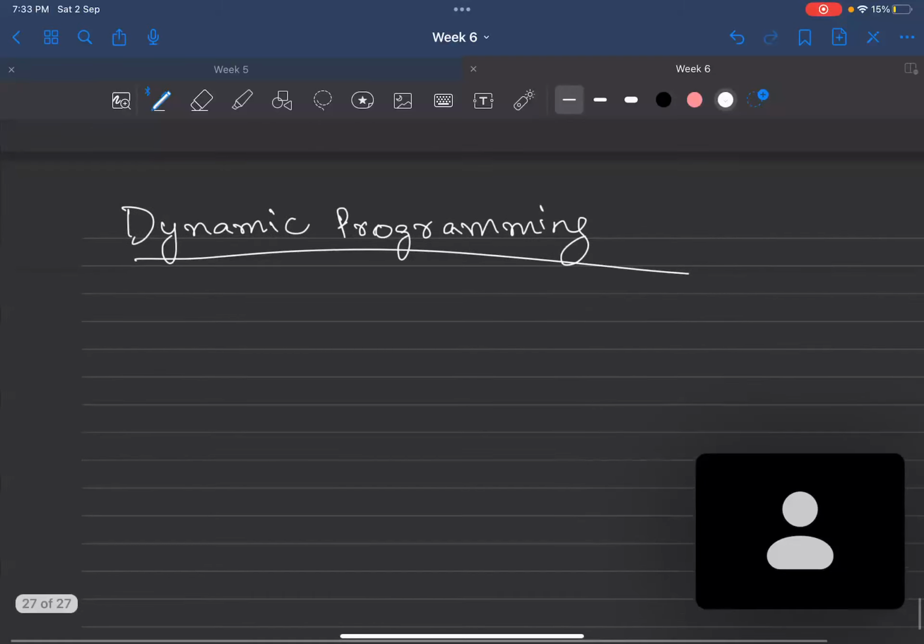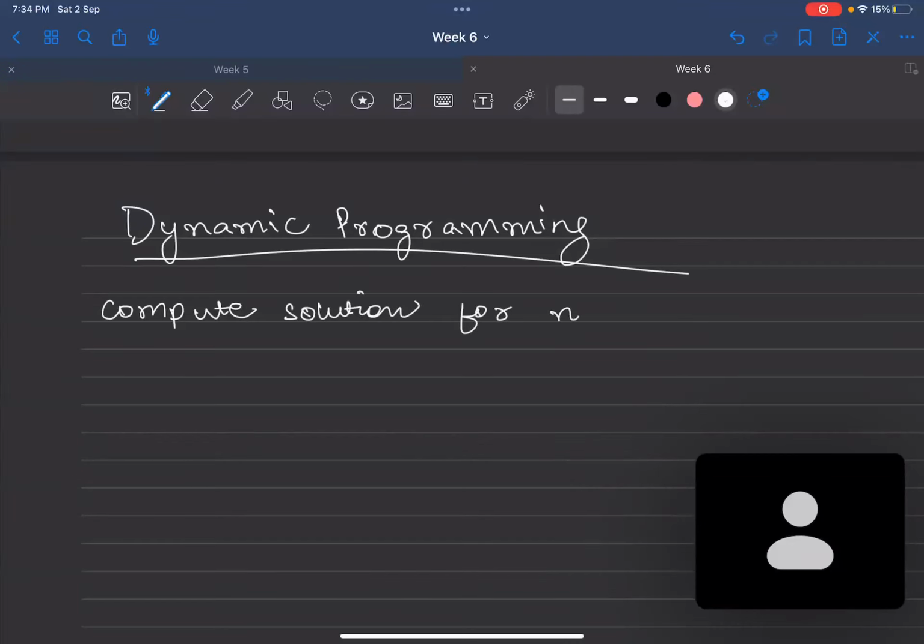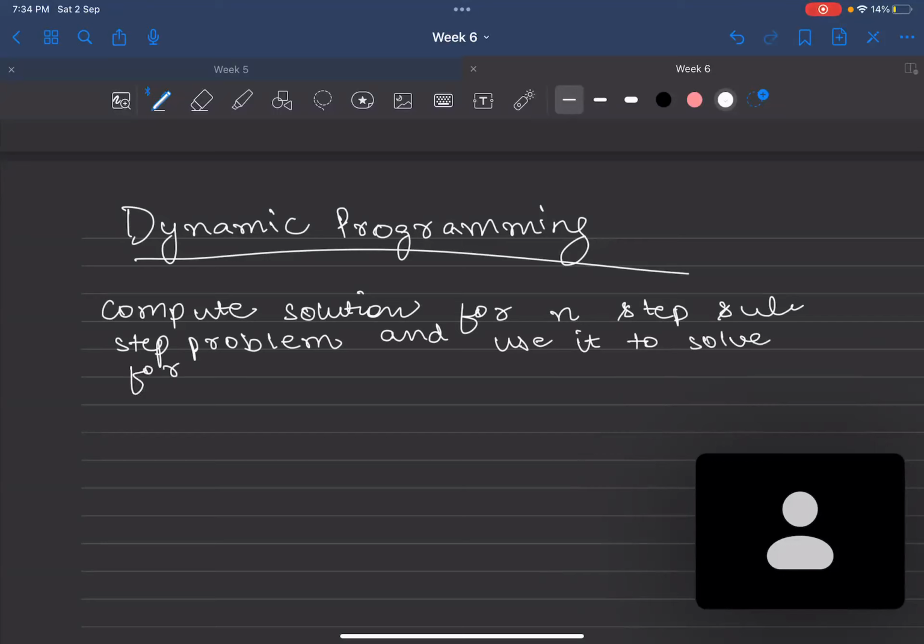I'll write it down. What I have written, can someone speak and explain?